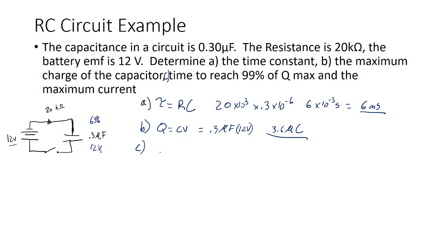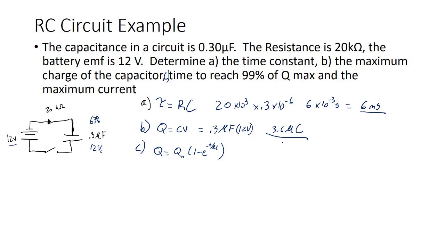Well, with this equation, we have to remember that Q is equal to the maximum charge, Q naught, times 1 minus e to the negative t over RC. Now, we actually know RC, we found it, it's the 6 milliseconds. We also know Q naught, because Q naught is the maximum charge.